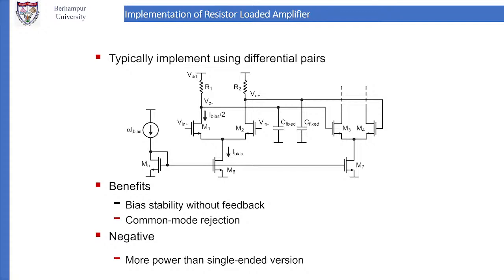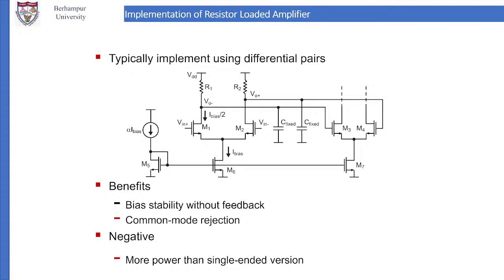When we say common mode rejection ratio and slew rate, which I told you earlier, these are terms that you will be reading later when you study operational amplifiers. These terms are related to operational amplifiers, which are realized using differential pairs.